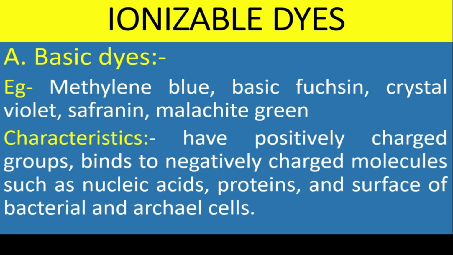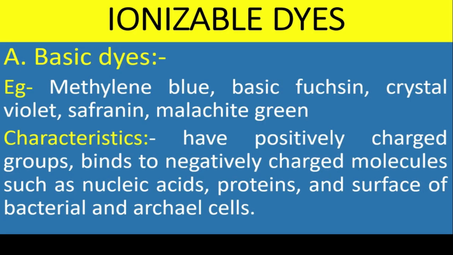That is the peculiarity of basic dyes. Which among the following is a positively charged dye? Basic dyes are positively charged, and examples are methylene blue, basic fuchsin, crystal violet, safranin and malachite green.